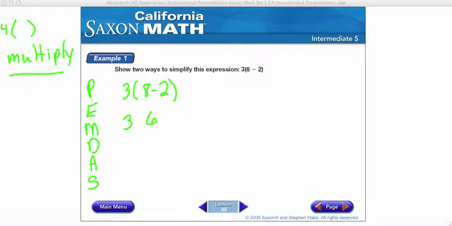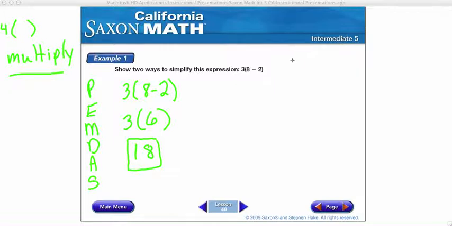Well, this isn't an answer. 3 times 8 minus 2 doesn't equal 36. I have to solve this. 8 minus 2 equals 6, and I leave the parentheses which tell me now to multiply. 3 times 6 equals 18. So make sure you leave those parentheses.